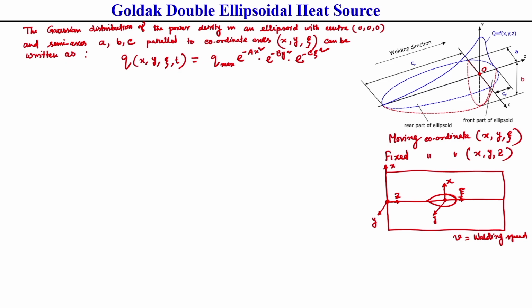So, in this moving coordinate system, how the power density distribution in a Gaussian way, that you can represent like this. What is Gaussian distribution? You are very well familiar with these things, so I am not going into detail again, I am just telling you a little bit. Gaussian distribution means it is a normal distribution.